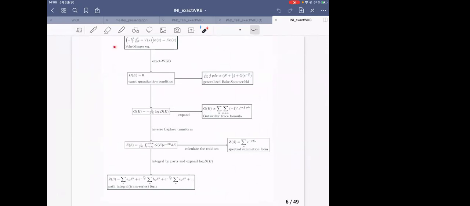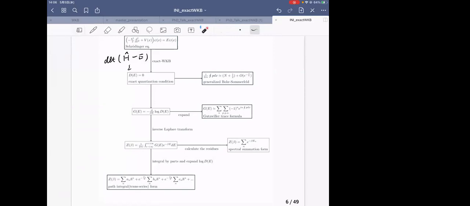First, we consider the Exact-WKB method. So we start from the Schrödinger equation. And when we use the Exact-WKB method, we can obtain the exact quantization condition. And this D actually corresponds to the Fredholm determinant of the system.